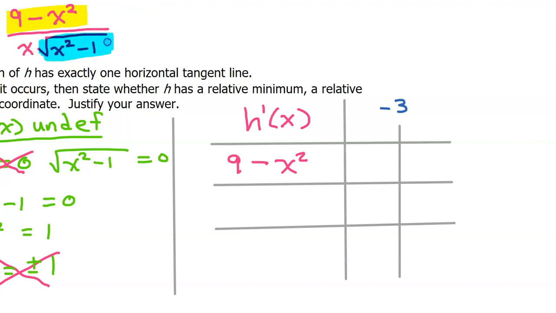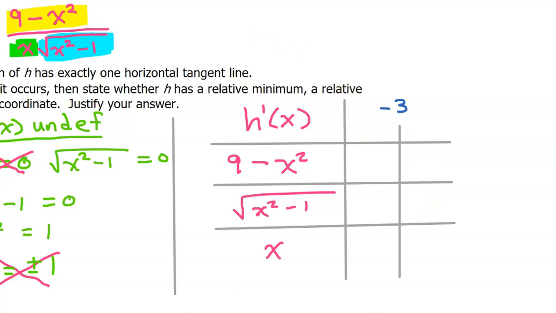I have the square root of x squared minus 1. And then I have this extra little factor of x, which gets its own row all to itself. So we need to determine if these factors are positive or negative in each one of these intervals.